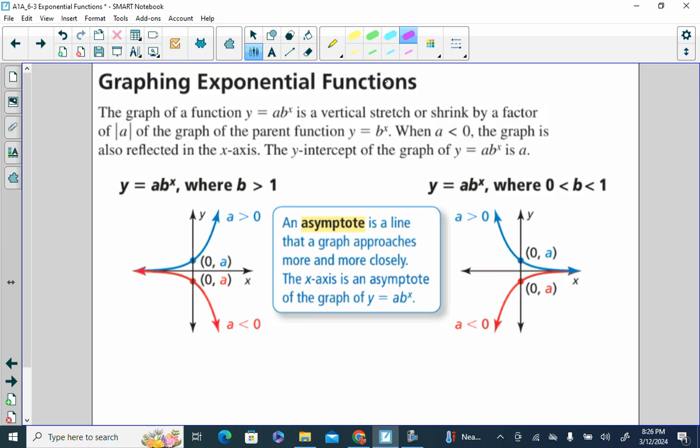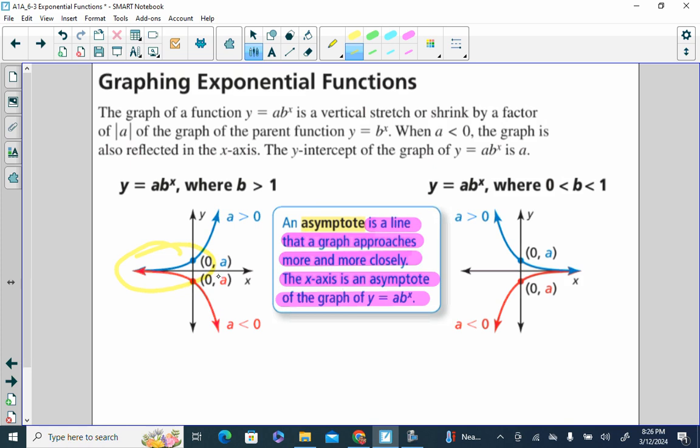We have a new definition, an asymptote. An asymptote is a line that a graph approaches more and more closely. The x-axis is an asymptote of the graph of y is equal to a times b to the x. And if you look at this section here of the graph, notice how the line approaches the x-axis more and more closely.